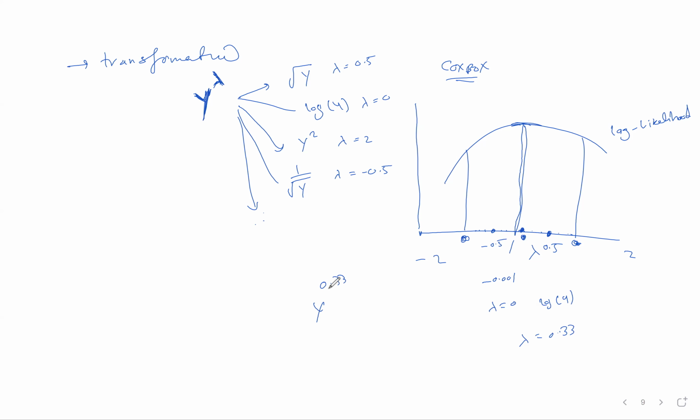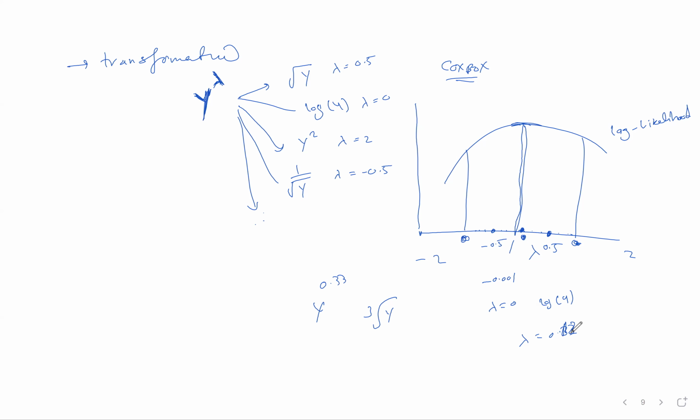This one is the cube root, I think. This one is also okay, but do not select something like 0.12. See my point? So you can select any value within the range of the confidence interval, but it should make sense.